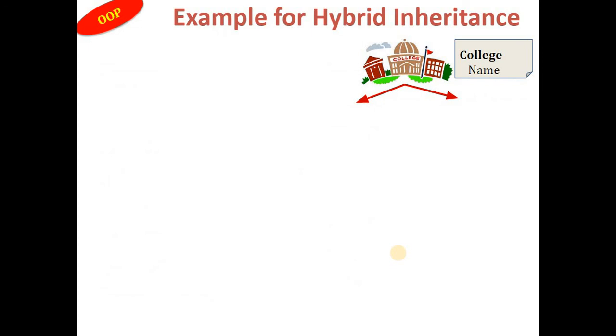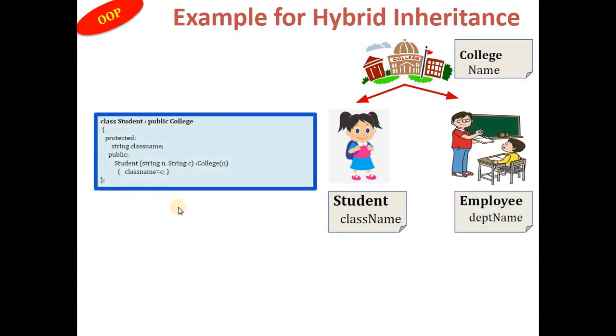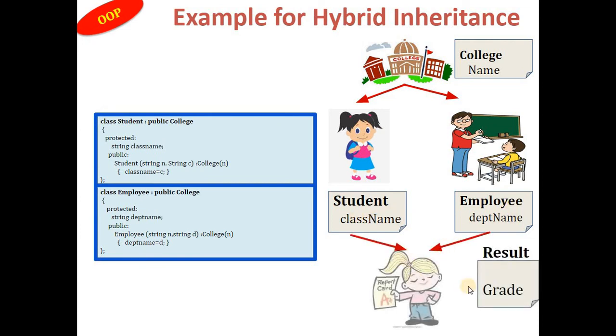Now an example of hybrid inheritance, where from a college two derived classes are there, student and employee. So we have class student colon public college, class employee colon public college. So this is hierarchical inheritance. Then we are combining the student class and employee class and getting result or grade.